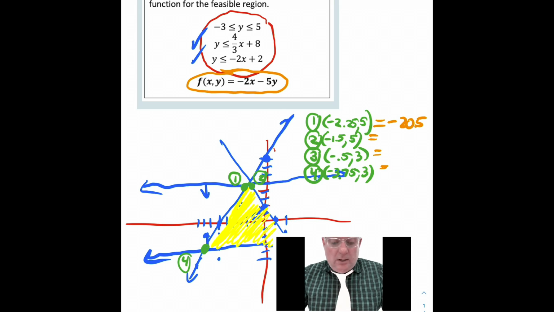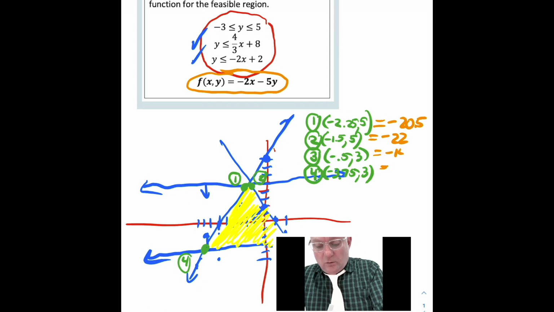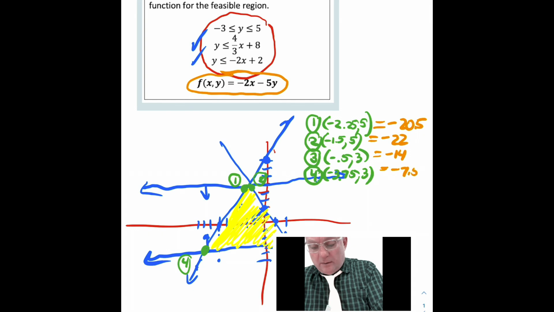Okay, and then the next one, negative 2 times negative 1.5 would be 3, and 3 minus 25 would give me negative 22. And then when I plug in negative 0.5, 3, negative 0.5 times negative 2 is 1. And 5 times 3 is 15, so 1 minus 15 is negative 14. And then lastly, negative 2 times the negative 3.75 would be 7.5. 7.5 minus 15 would be negative 7.5.